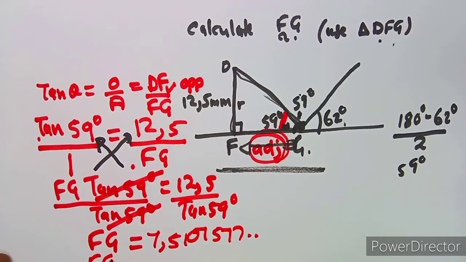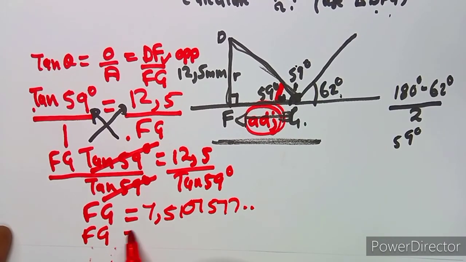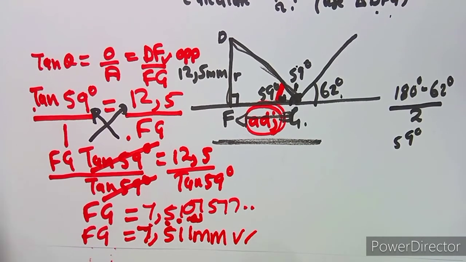So you can round off our FG to 3 decimal places, which is going to be 1, 2, 3. So that's 7,511 millimeters. So FG is now there.